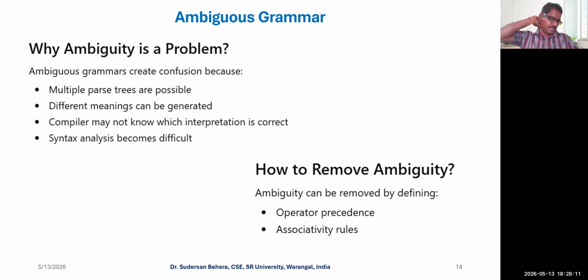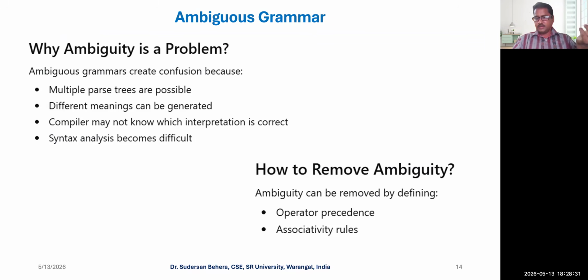So if that is the case, it generates confusion within the compiler. So that means it creates ambiguity within the syntax analysis. So that is why this particular grammar is not accepted by any one of the syntax analyzer or the parser.